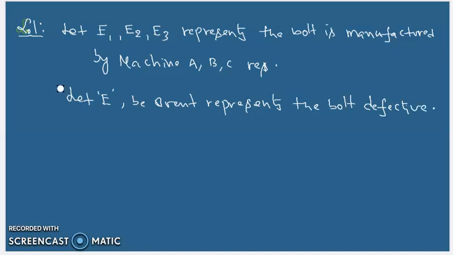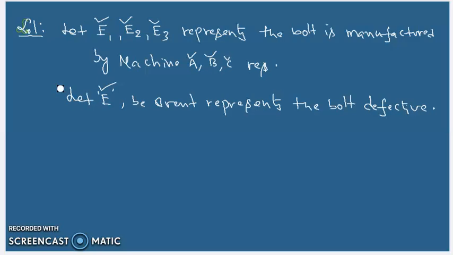Here there are 4 events totally. First 3 events E1, E2, E3 represent manufactured bolts from the respective machines A, B, C. And here capital E represents the event that is defective bolt. Okay.